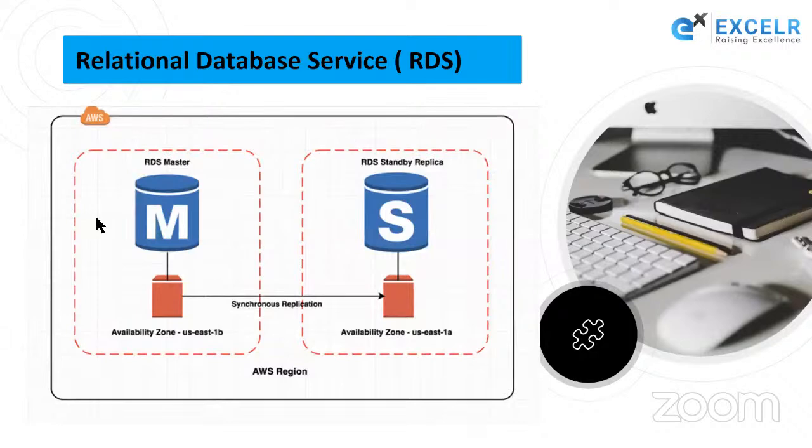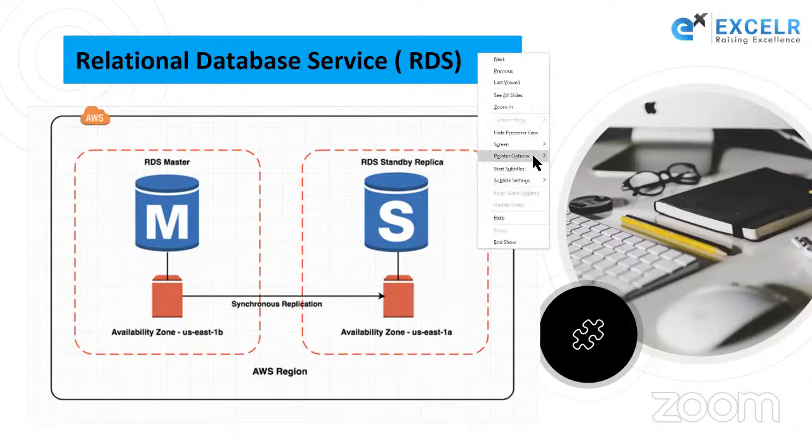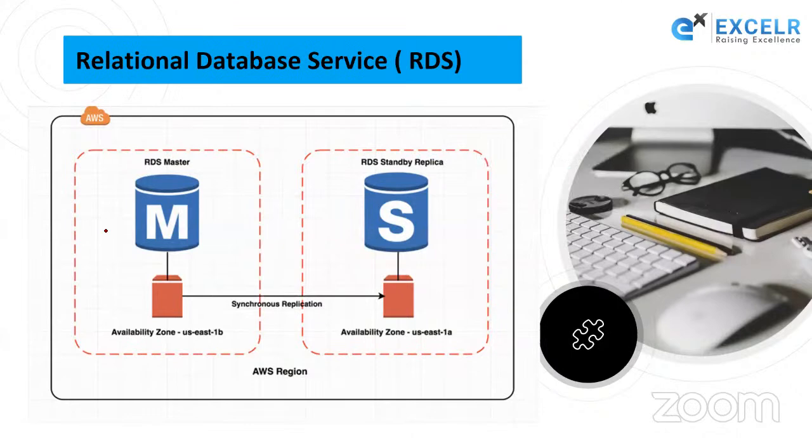So here is your multi-AZ deployment. So this is called a multi-AZ deployment of your RDS. In this case, you have a cluster of databases, which is helpful to give you high availability.